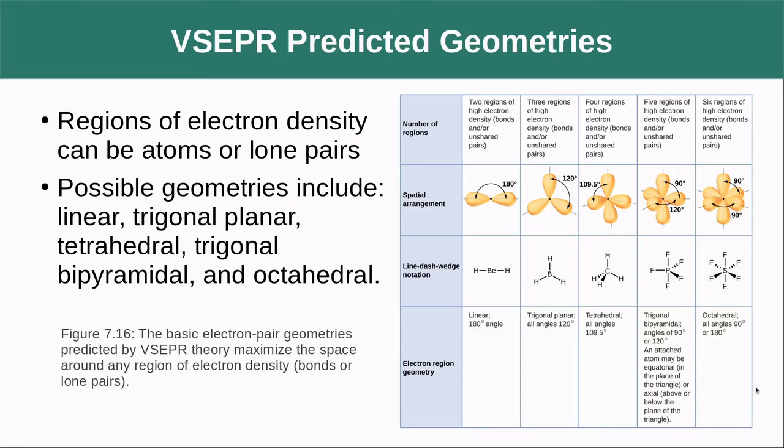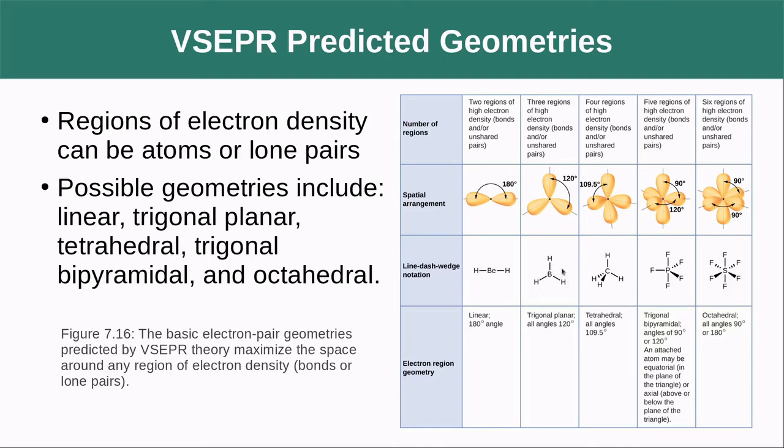Here we have a very important table that you guys are going to have to come back to, where we describe what's going to happen as we add different regions of electron density around central points. So remember that these could be atoms or they could be lone pairs. When we have two regions, we get a linear structure. When we have three regions, we're going to get this trigonal planar.